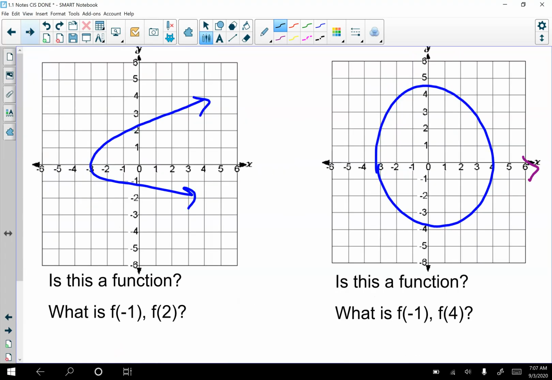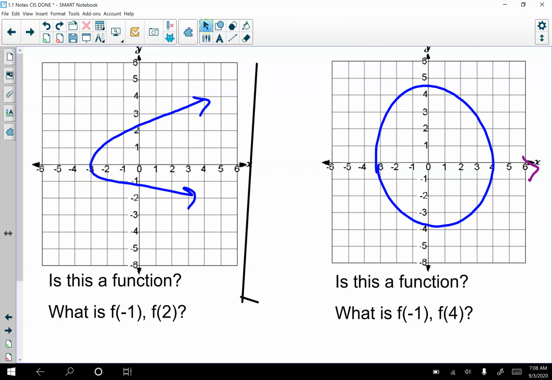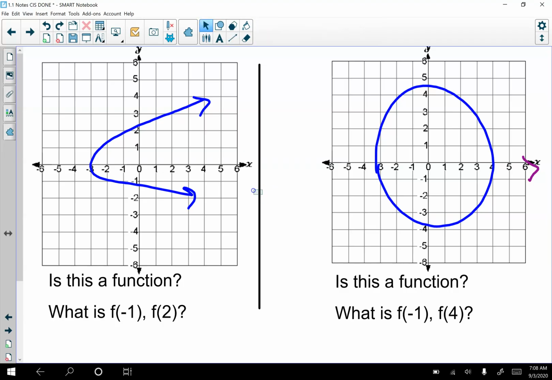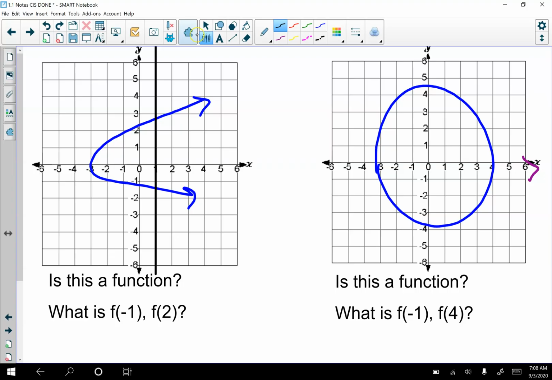Okay, next one. Is this a function? So again, if I did the vertical line test, oops. It's not a vertical line. Let me fix it. There we go. And if I were to drag it across anywhere on here, let's just take this for instance.